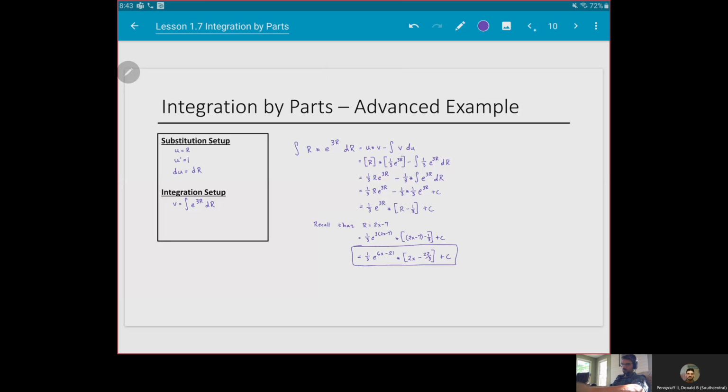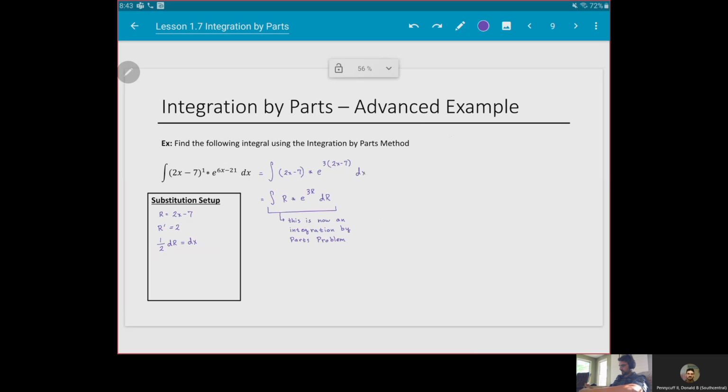I wanted to work this one mainly just to expand your horizons. This one is a completely made up problem, I do not ever expect you to encounter something like this in real life. Doesn't mean you won't. But I do want to introduce you to how some of the advanced substitution works, how you can have both substitution and integration by parts.